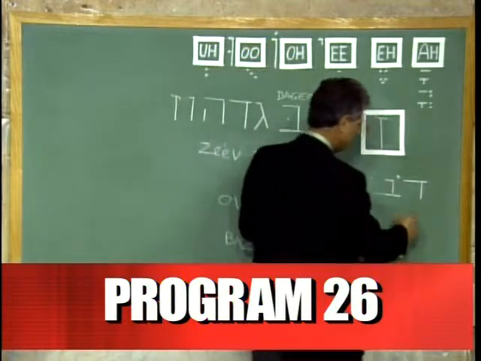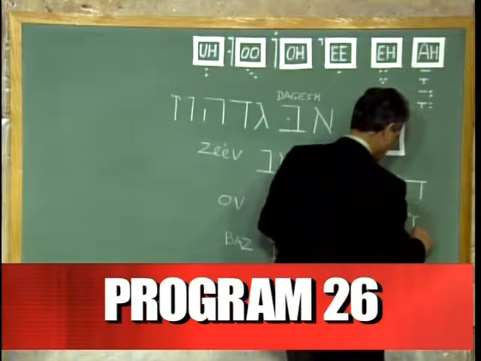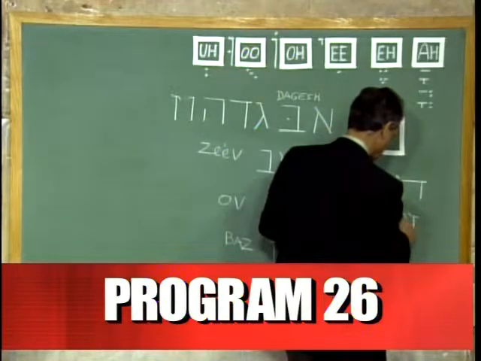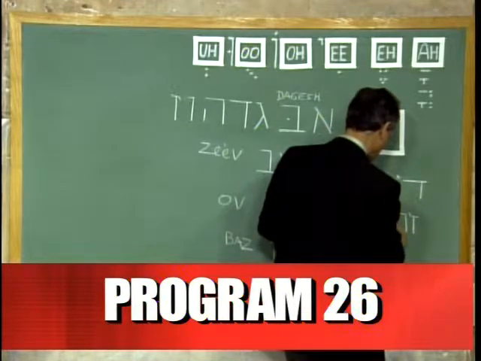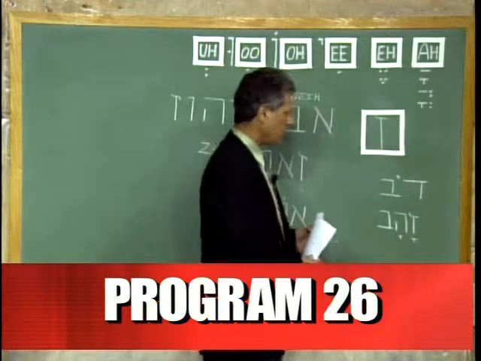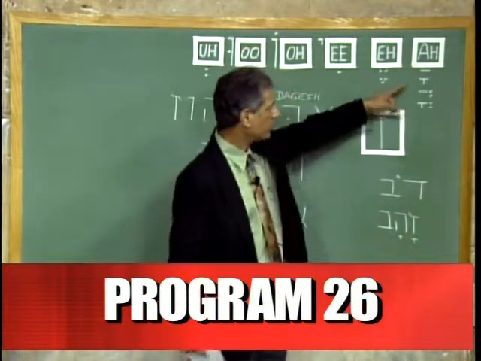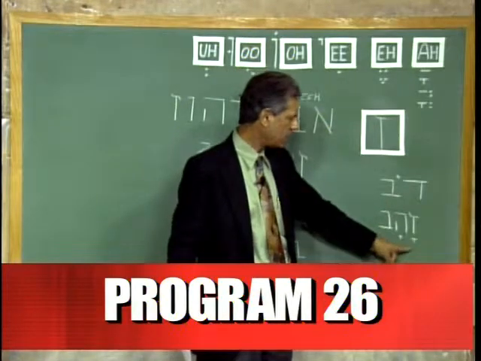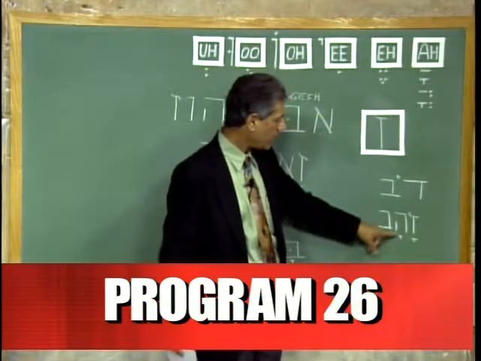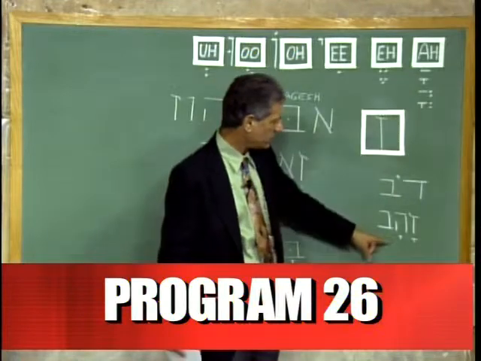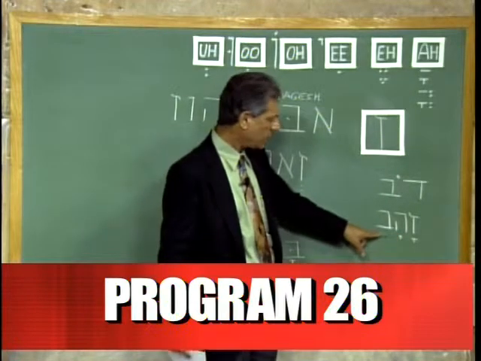Here is another one. That's a good word. You have a Zayin with an A sound right from here. Zayin with an A sound, Za. Then we have a Hey with an A sound, Ha, and a Vet.